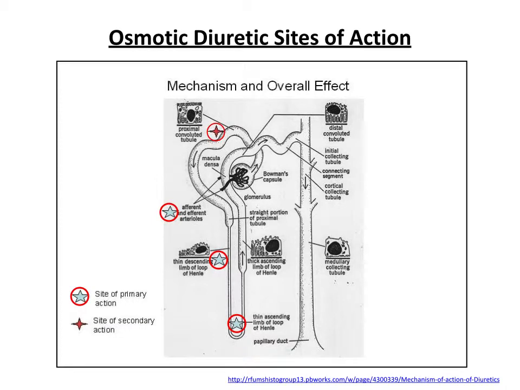So there's one site of action. They're also, again, at the loop of Henle, causing the filtrate to be more dilute, so less sodium in there, and so you're not going to get reabsorption so much. And then there are some actions at the proximal tubule. But really the big area where they're stopping the most reabsorption is going to be in the loop of Henle.